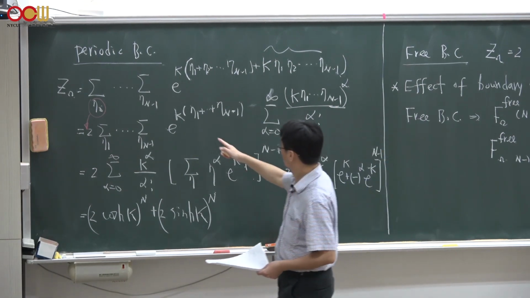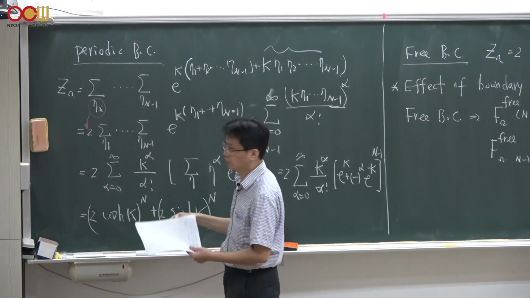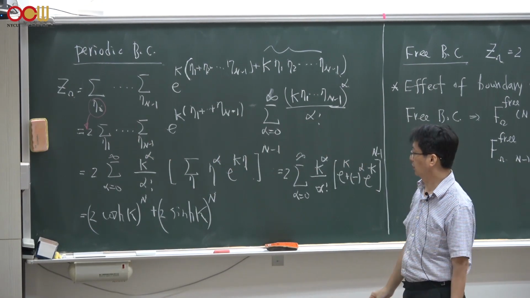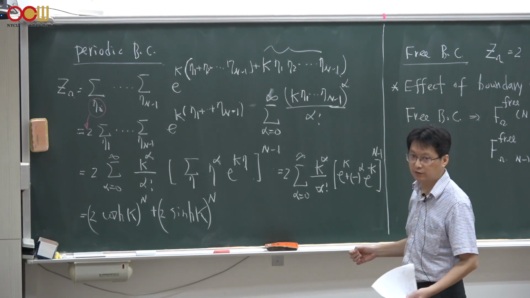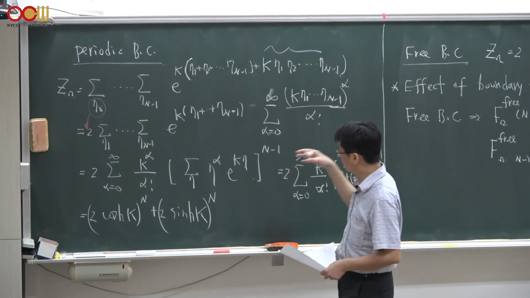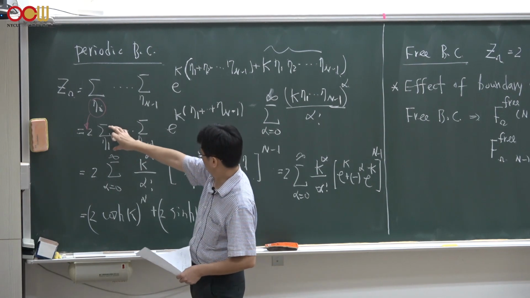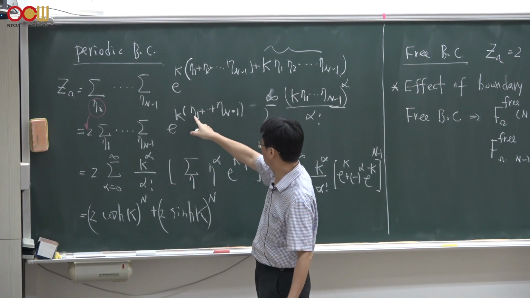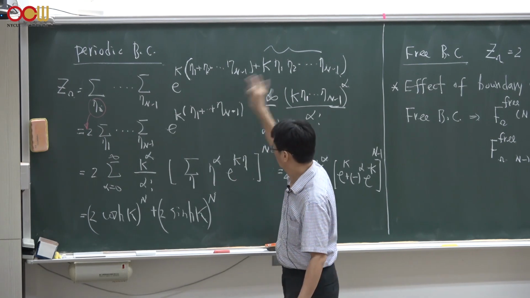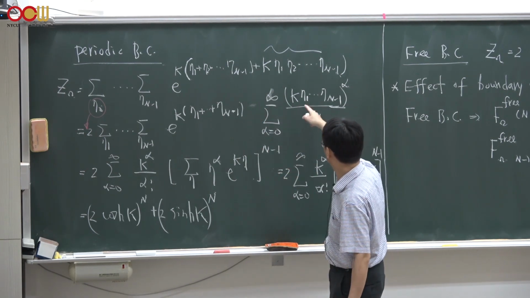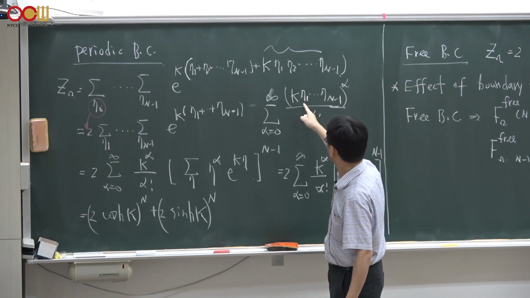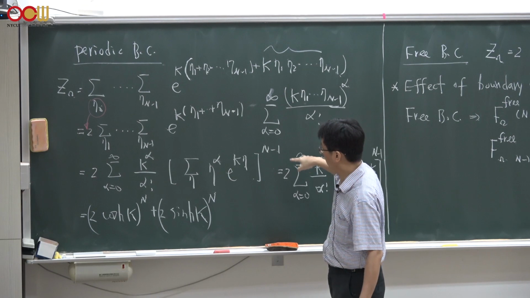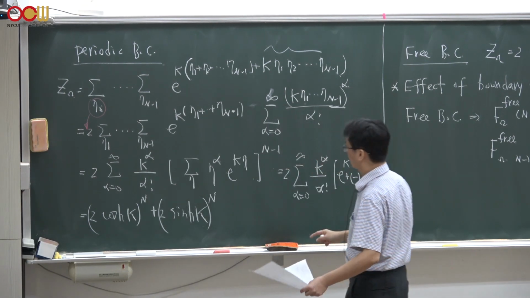But you can see very clearly that you can separate the summation of individual etas from eta 1 to eta n minus 1 independently. You can single out the summation over, say, eta 1, take this e to the k times eta 1, and forget about all the other terms, and then take the Taylor expanded term, say only this eta 1 to the power of alpha divided by alpha factorial, and so on and so forth.